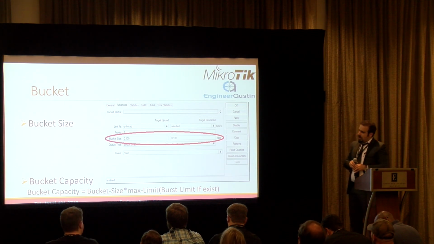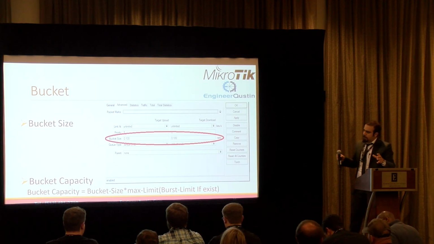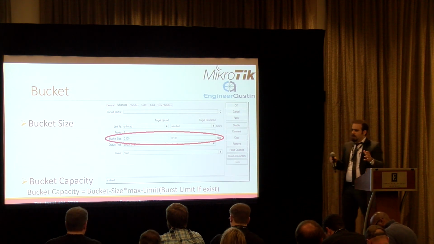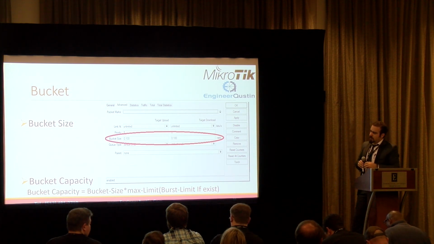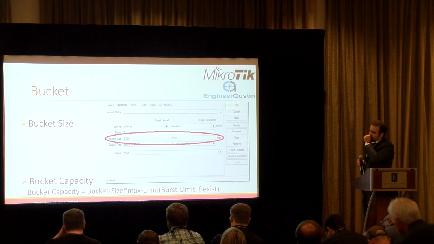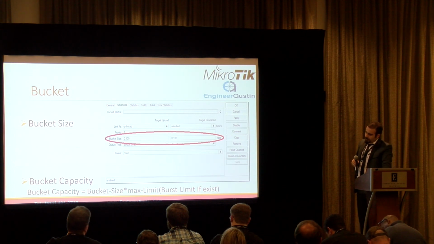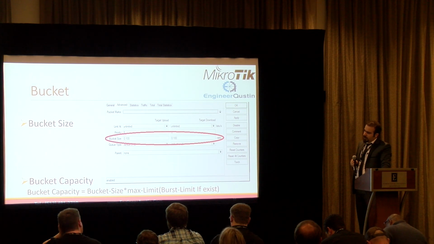For a network with regular users with the same consumption, there isn't any requirement to use the bucket or token, but the size of this bucket defines how many unused tokens the bucket capacity can hold.